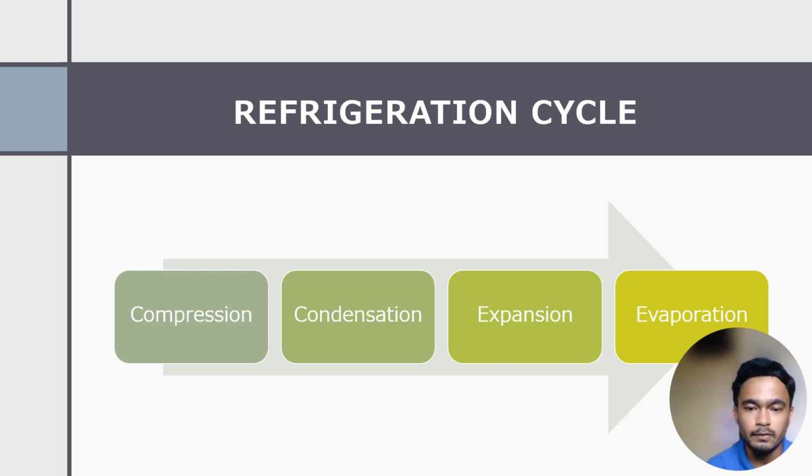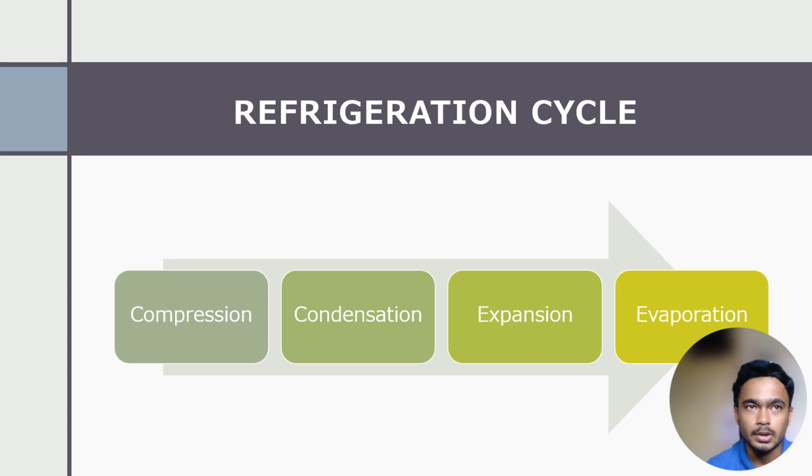So after this process, the refrigerant will then go into the expansion valve where the refrigerant flow is throttled, resulting in a decrease in refrigerant temperature and also refrigerant pressure. And lastly, it will go into the evaporator where the evaporation process occurs.